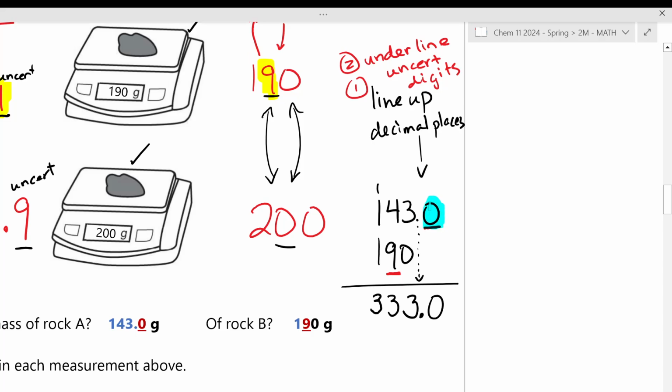If this 0.1 position is uncertain, then the 0.1 position is also uncertain because it came from that 0. But if we look here, we're like, oh my gosh, my tens position is uncertain. Yes? So that means my tens position is uncertain. So what that means is that my first uncertain digit is in the tens position.